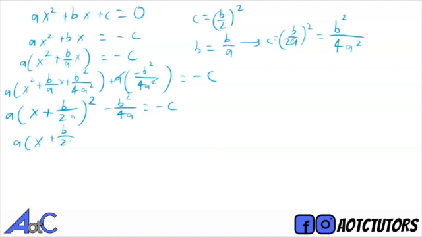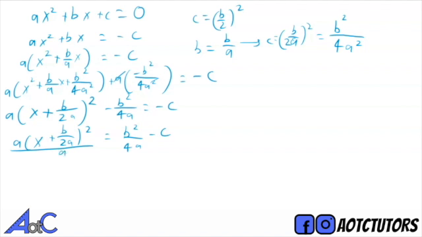I'm going to keep solving for this equation now. What I can do is I can move this negative b squared over 4a onto the other side. And that's going to get me b squared over 4a minus c. What I can now do is I can divide both sides by a over here.